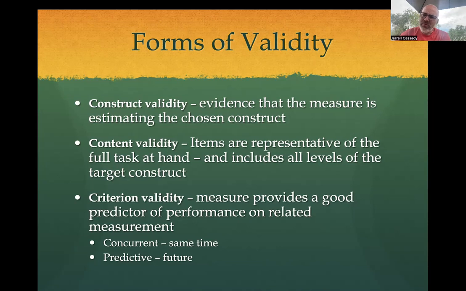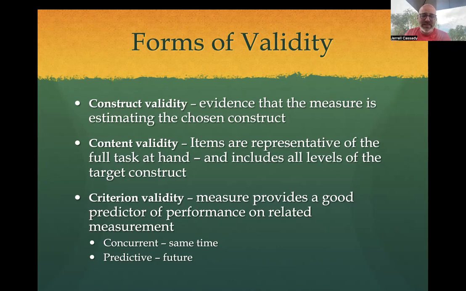Criterion validity is a little more specific. When I talked about construct validity being kind of an umbrella, construct validity generally encompasses both content and criterion validity. So criterion validity says essentially it's got a good relationship with things that it should have a relationship with.